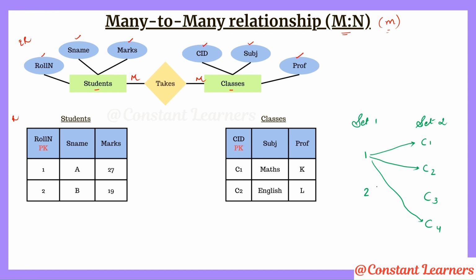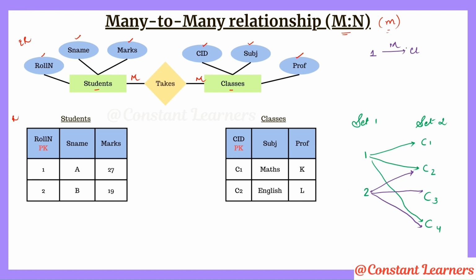And student with roll number 2 is taking classes C2, C3 and C4. Right? So, this student with roll number 1 is taking three classes. That means one student is taking many classes, right? This student also, roll number 2, is taking many classes, right?